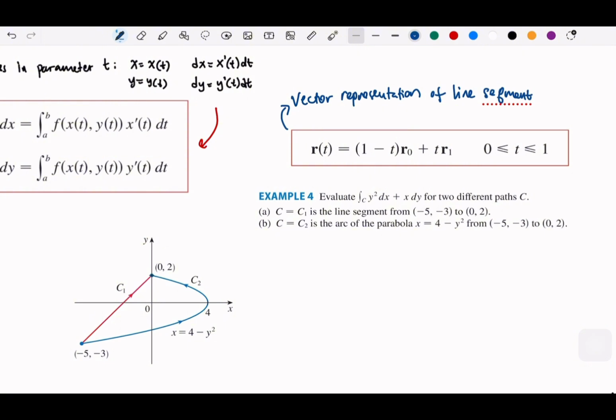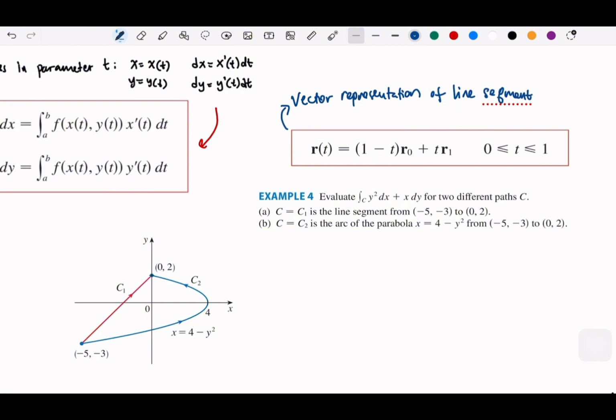We can have C1 using this line equation, or we go here and take this parabola, with the points -5, -3 until 0, 2. So we can use this or use this. Let's try out and make some conclusions at the end.